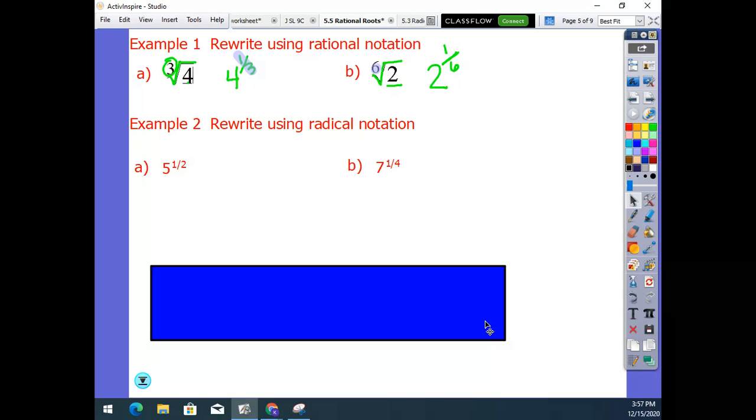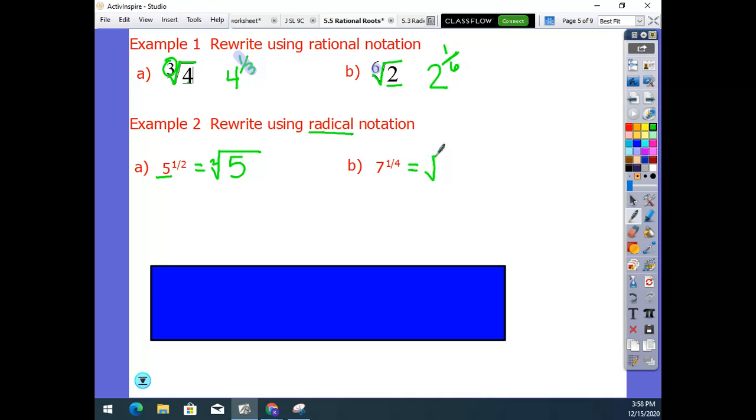Now let's go the other direction. If it's written with a fractional exponent, and we want to go into radical notation, you just create the radical, put the base underneath, and the denominator goes to the corner. Now you don't need the 2, that just implies square root.